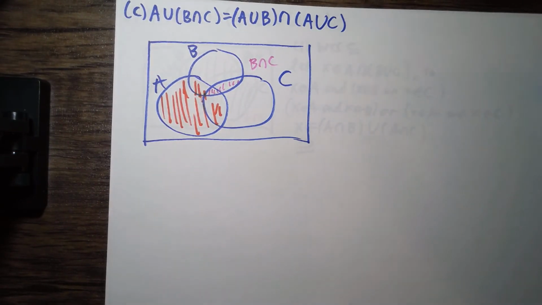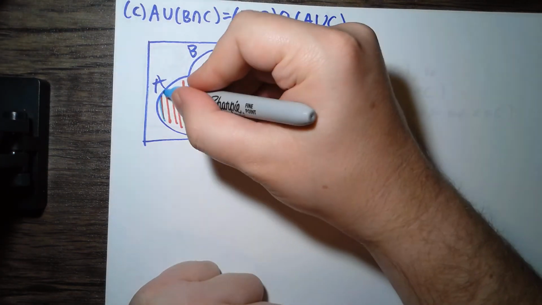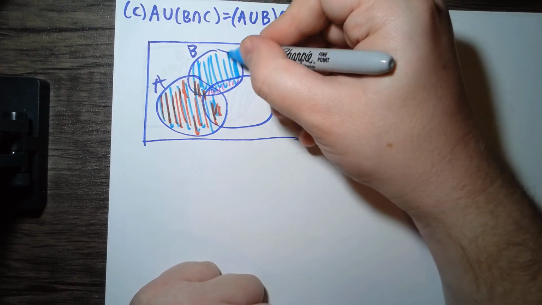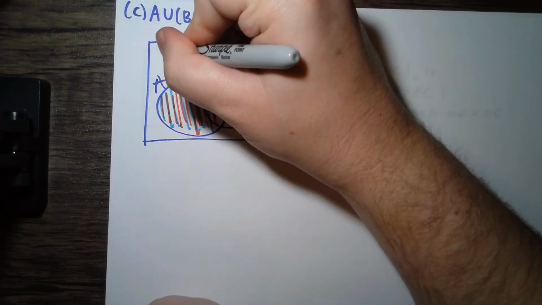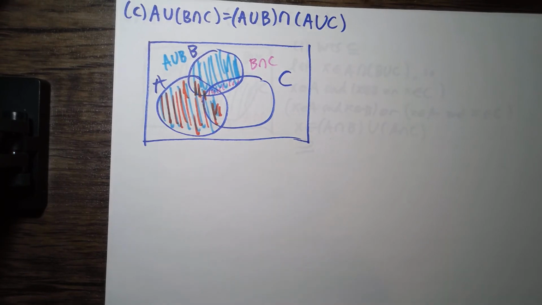And we want to show this is A union B intersect A union C. So A union B is all of this. So this is going to be A union B. And let's see, here's brown.